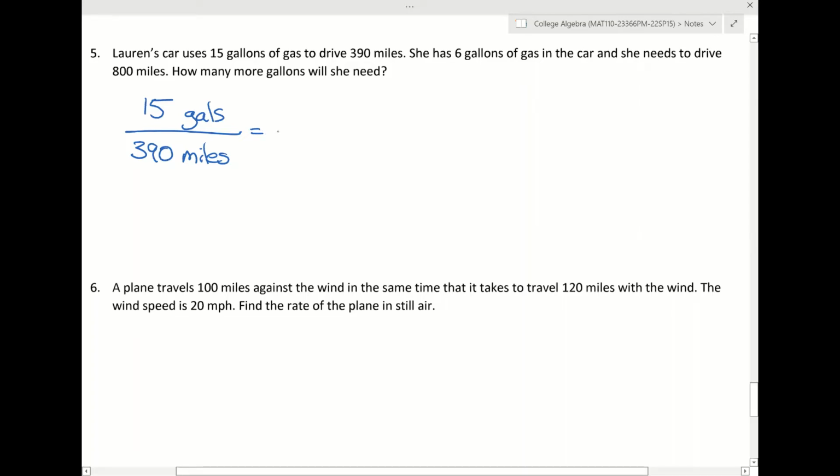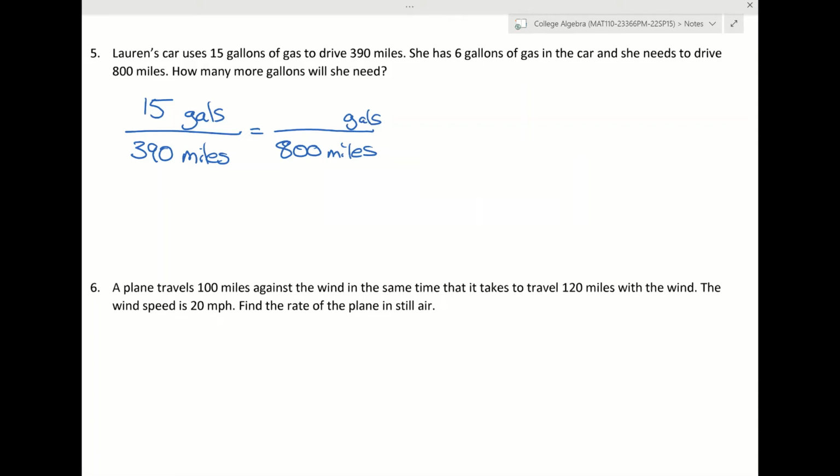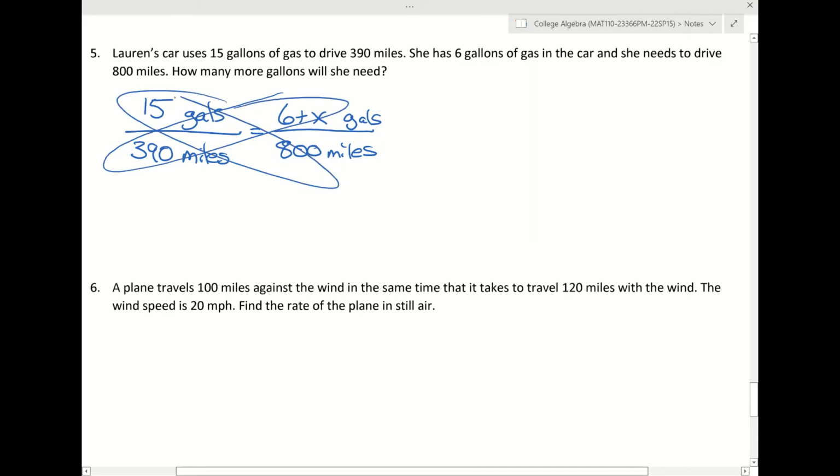And we're looking to go 800 miles. I have to get a little bit creative with the numerator here. On top, we're trying to figure out how many more she has to add to 6. She already has 6. How much more? I don't know, I'll use X for that. And then we'll just cross multiply to solve this proportion like we did the last one.